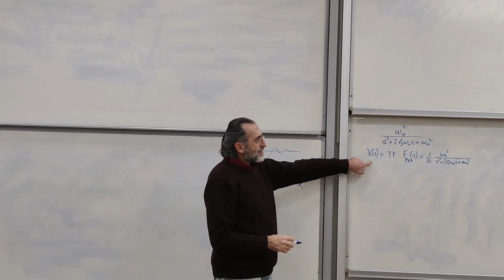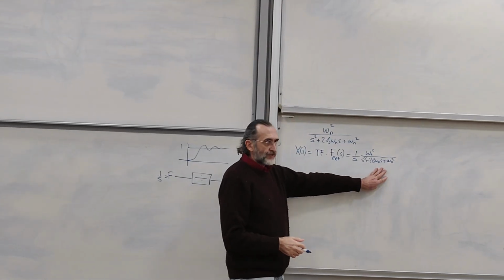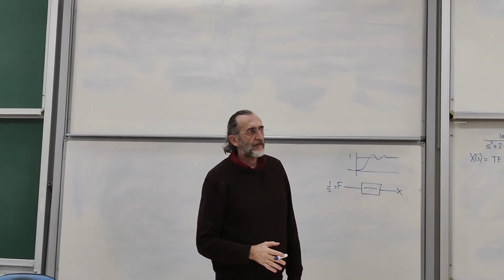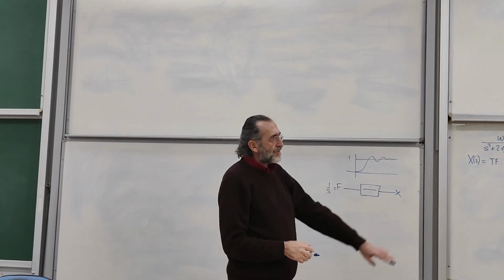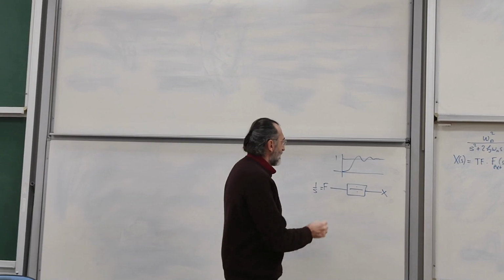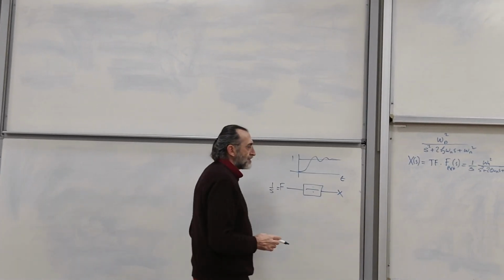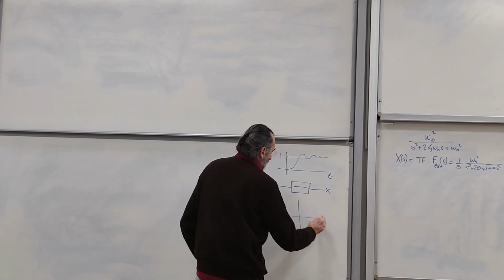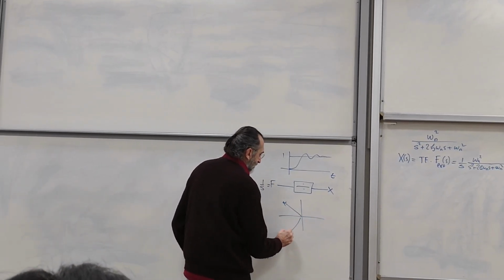So we found x in the s domain, which is good, but it doesn't help us because we all live and breathe in the time domain, so we have to take it back to the time domain and find the response in the time domain. In the s domain, we've already determined that the response is something like that.